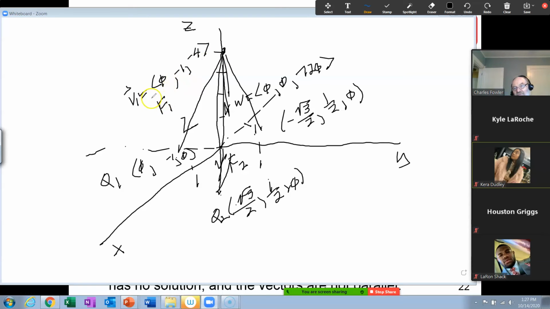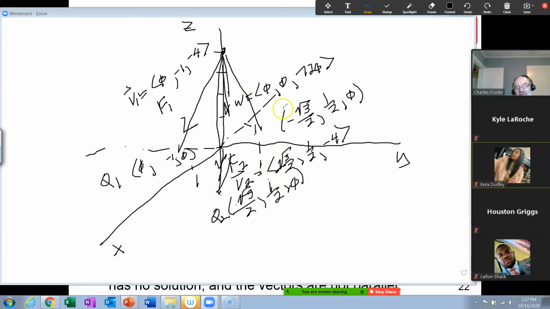So that's the vector here. This vector over here, which I'm going to call V2, I hope I don't get into trouble doing this, is also a vector. That would be root 3 over 2, comma, 1/2, comma, negative 4.